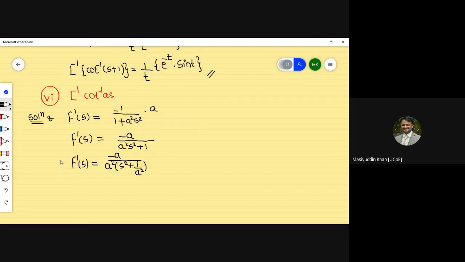And you have to apply the Laplace inverse of f dash of s. Similarly here, the Laplace inverse of f dash of s.